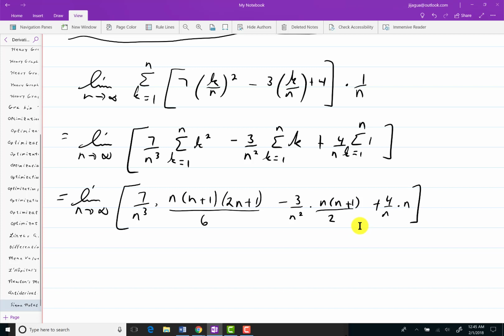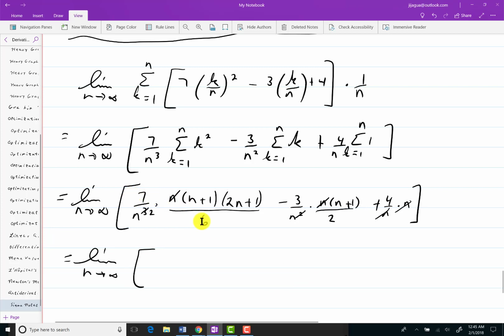I'll play the same exact game I did last time. I'm going to take and make that a square and take that n out. I'm going to take out an n here, and I'll take these n's out. And I'm also going to suck the two n's into each of these two terms.